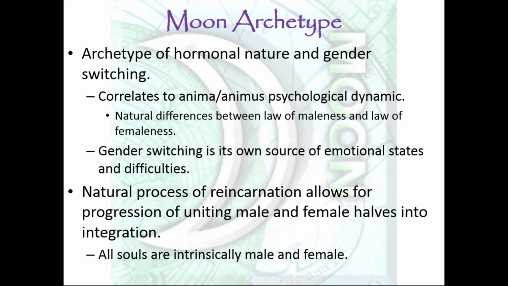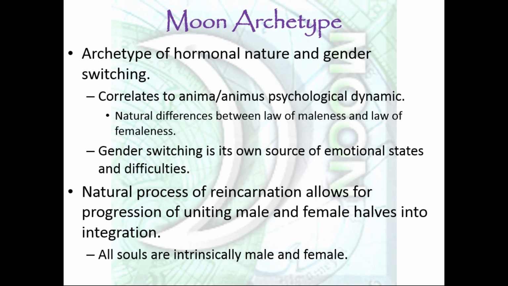Now, we don't limit those two polarities down to male and female. You've got 12 signs, you've got 12 houses in your chart. You can be a masculine female, you can be a feminine male. Many times that will come when any soul has done gender switching.